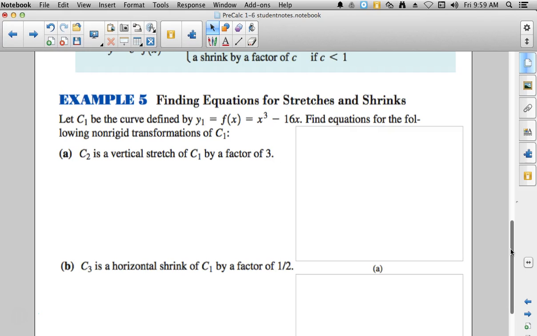Non-rigid means the shape is changing. C sub 2 is a vertical stretch of C sub 1 by a factor of 3. Well, that's old stuff. Vertical stretch means we're going to multiply. So we'd take x cubed minus 16x and multiply that by the factor, which is 3.